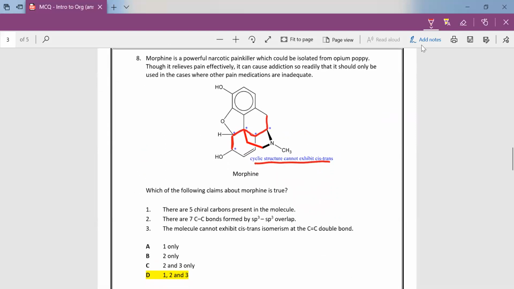Which of the following are true? Basically, all of them are true. I labeled for you the chiral carbons and the 7 C-C single bonds that are formed by sp3 overlap. It cannot exhibit cis-trans because this C=C double bond is in a cyclic structure, so it cannot exhibit cis-trans isomerism.